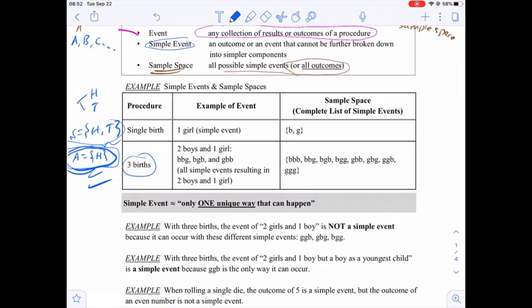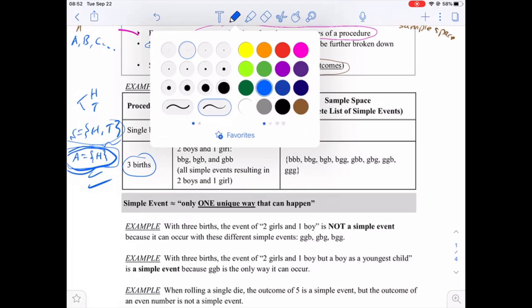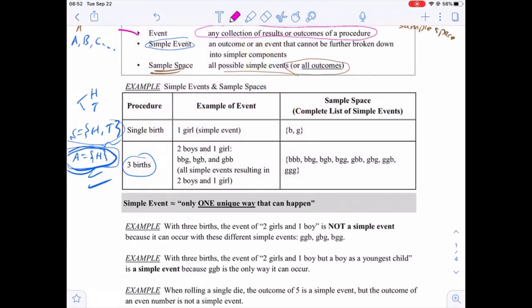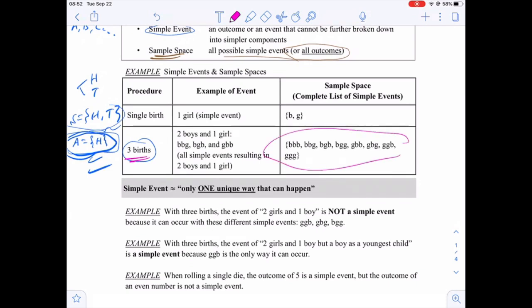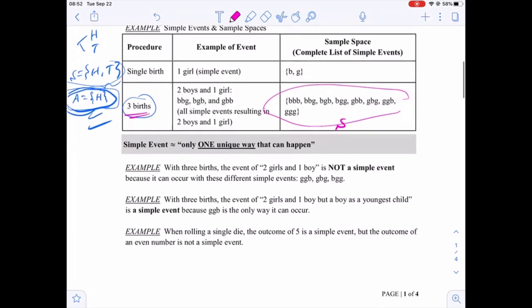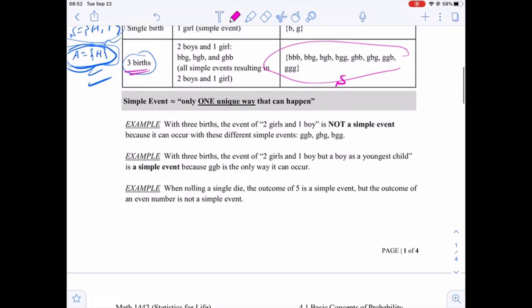If we have 3 births, one of the good and powerful tools to find all elements of the sample space of some experiment is to use tree diagrams. For example, with 3 births, we want to see all possible outcomes. This is the sample space S. In order to make sure that we got all the outcomes correctly, we use a tree diagram.